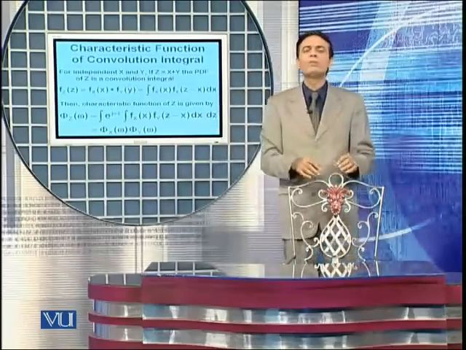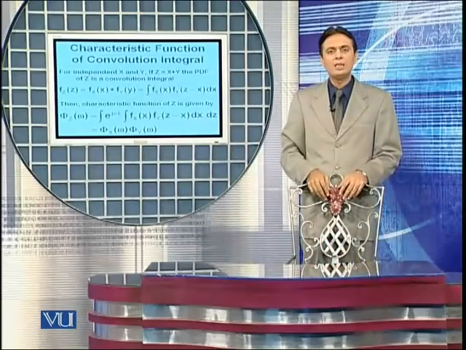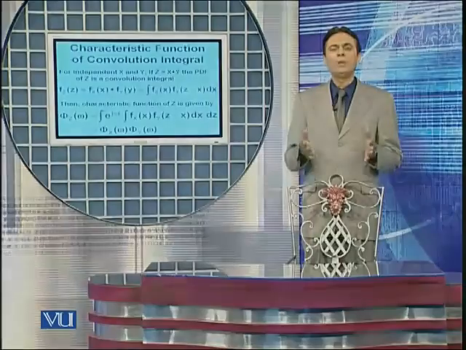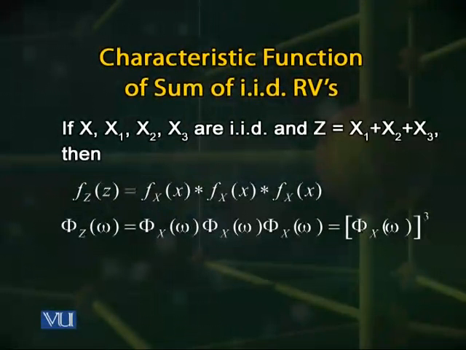This can certainly be extended, and if you have the sum of three independent random variables defined as new random variable z, then the characteristic function of z is equal to the multiplication of the characteristic functions of the three independent random variables.